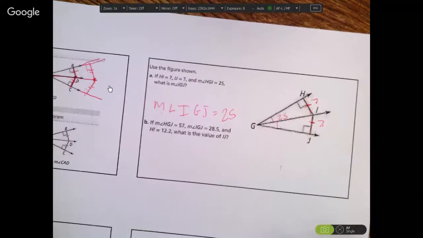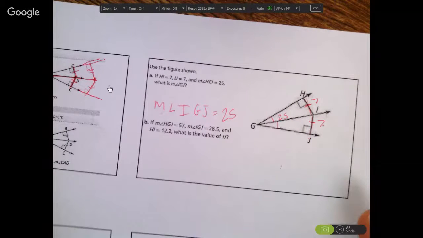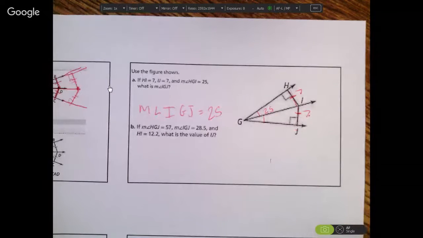So unfortunately, to answer your question, when I look at your test results, if I want to figure out which questions you missed, and which questions you missed and you missed, I have to click on your name, click on your test, and look at each individual question. It's not easy to do.